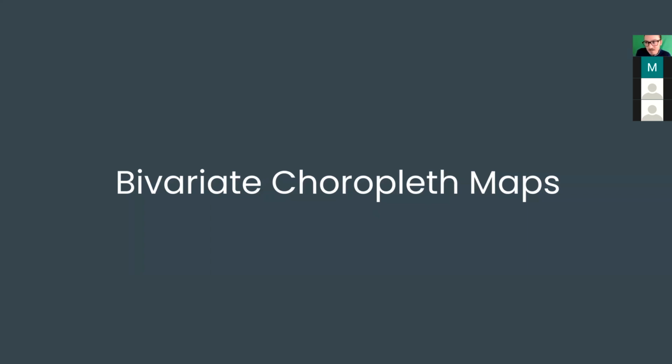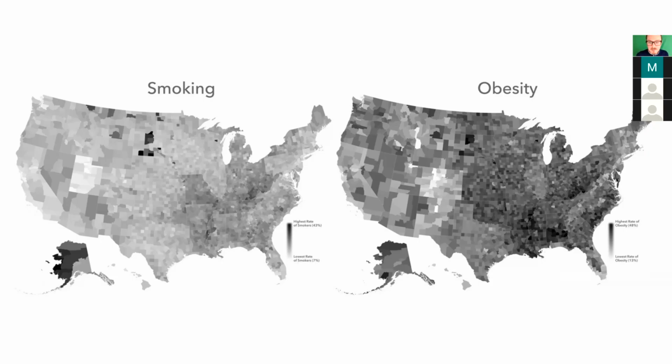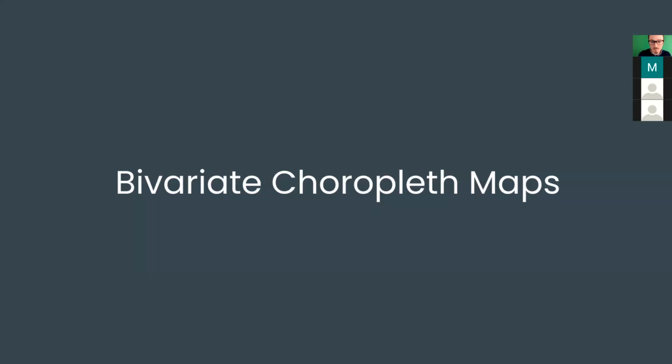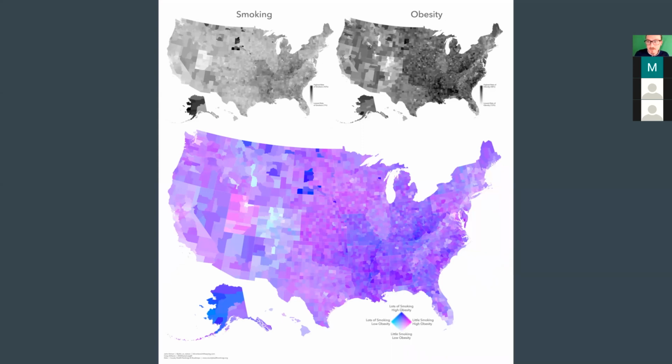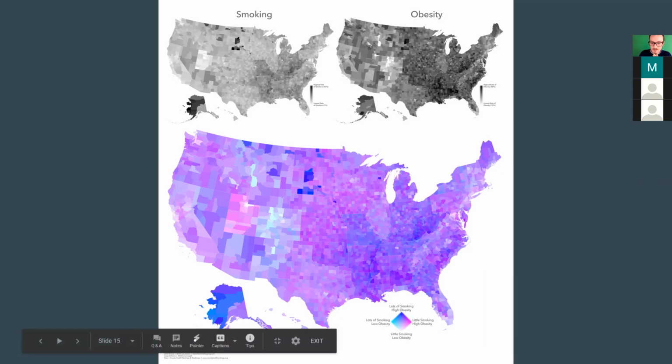So if you add another level to choropleth maps, you come up with this notion of a bivariate choropleth map. If you take these two choropleth maps and give them different colors and put them on top of each other, you can come up with what's known as a bivariate choropleth map, where the color legend looks something like this.